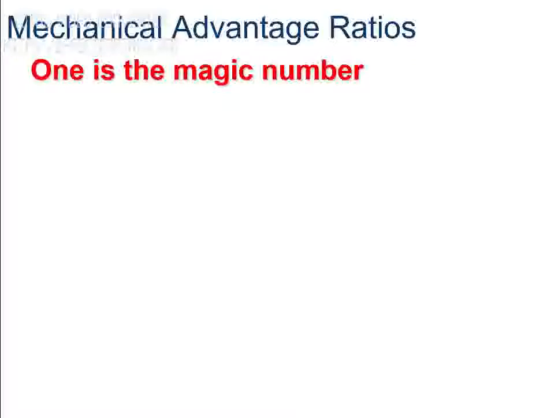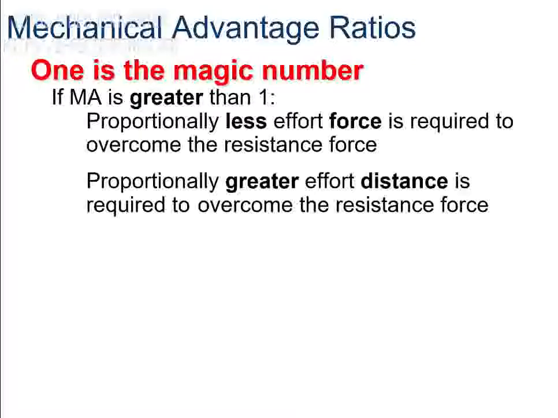That means if you got 1, the machine is 100% efficient. If the mechanical advantage is greater than 1, we are saying that proportionally less effort force is required. That means the mechanical advantage is less than 1. This indicates that the object is what?